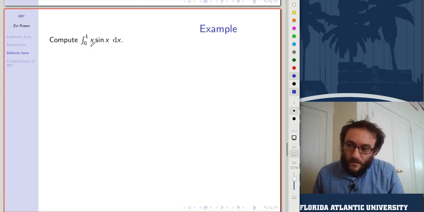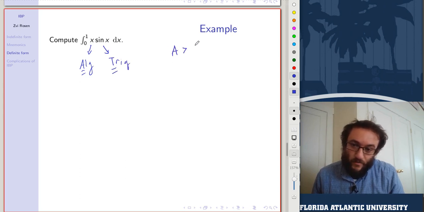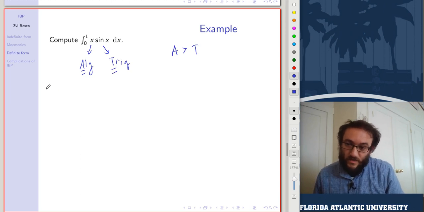Let's figure out which of these we want to set as our u and which is our dv. x, again, is an algebraic function, which is A, and sine x is a trigonometric function, which is T. A is greater than T, so we take u to be x, our algebraic function.